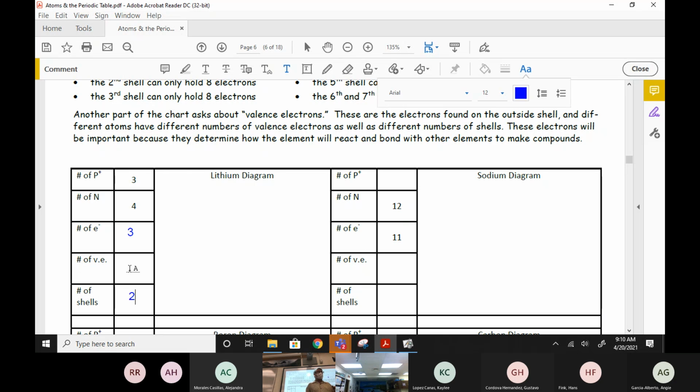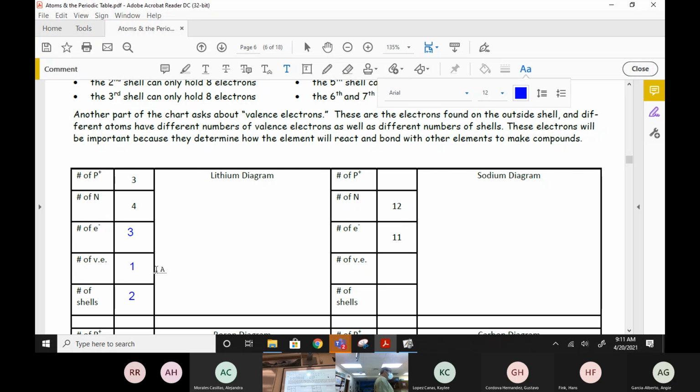Now, I already figured this out, actually. If I have the first shell, took 2 of them, that left 1 more electron on the outside. How many valence electrons are there? Well, the outer one is the valence electron, isn't it? With me? So my number of valence electrons is this one electron out here.